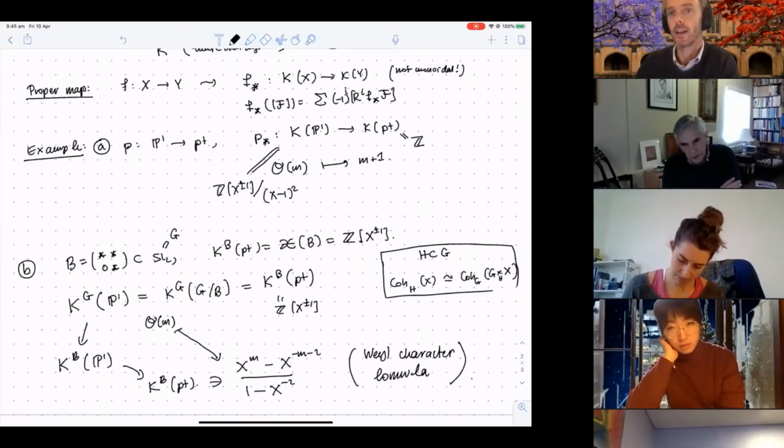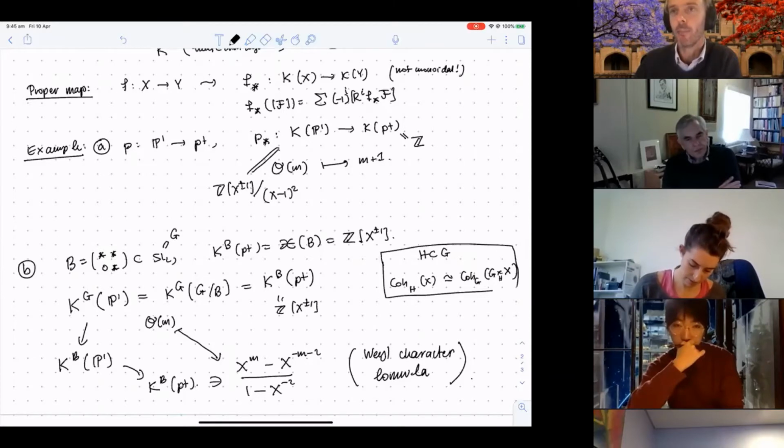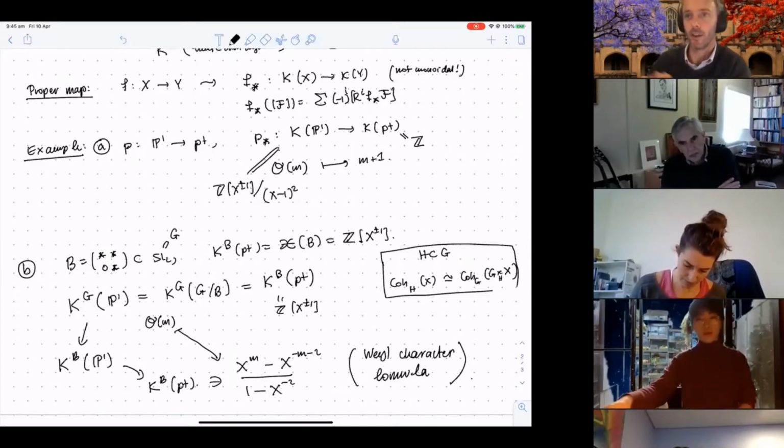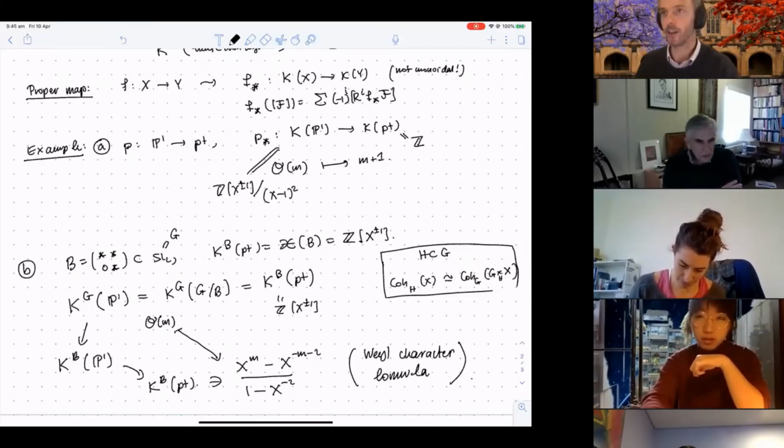But now you can say, imagine I have a more complicated group. How do you actually work this out? Then you can use, for example, Grothendieck-Riemann-Roch to rededuce the Weyl character formula, or you can explain the Demazure character formula very naturally in this language, etc. But I won't.